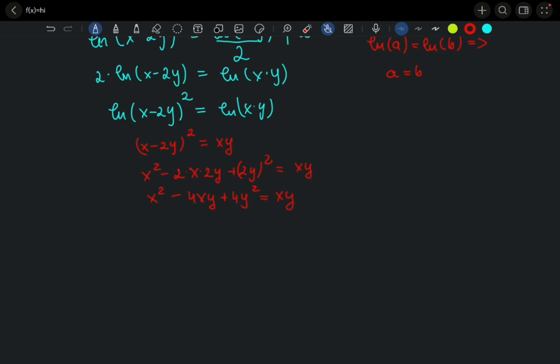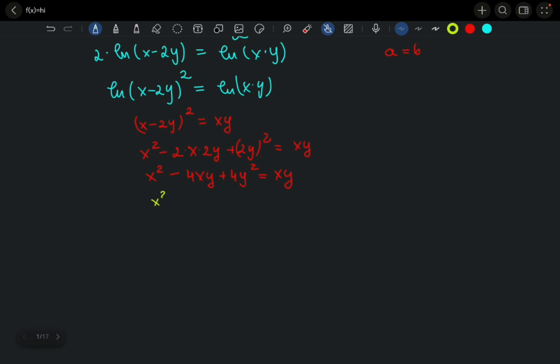Now by moving everything to the left hand side, we get x squared minus 4xy minus xy, that's minus 5xy, plus 4y squared, and this must be equal to 0.